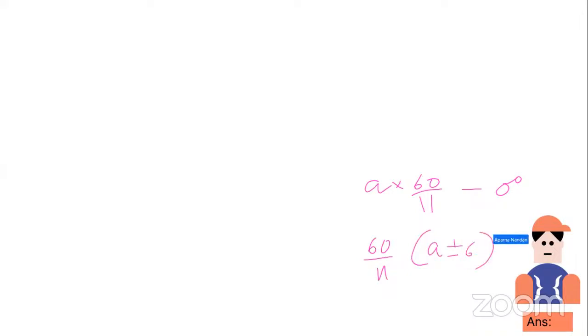You have to do plus when A is less than 6, and minus when A is greater than 6. And what about 90 degree? Yes, 60 by 11 into A plus or minus 3.